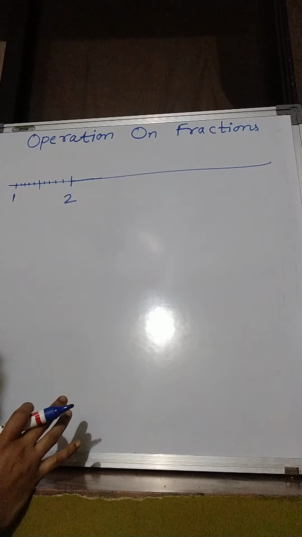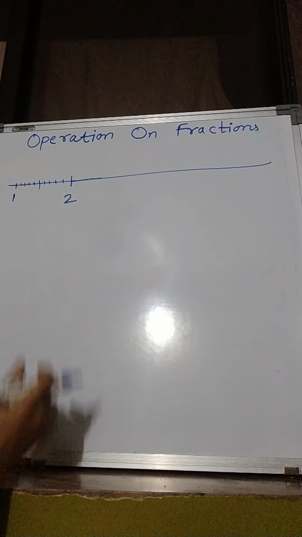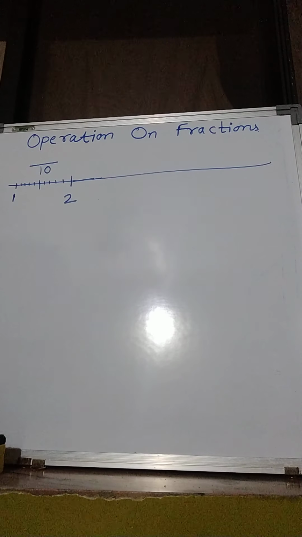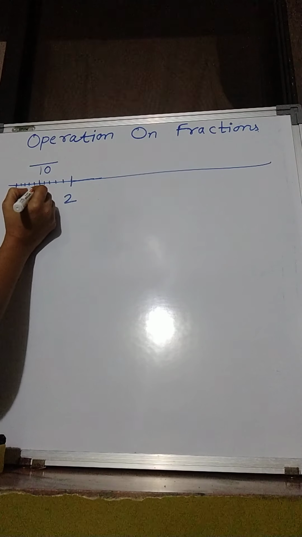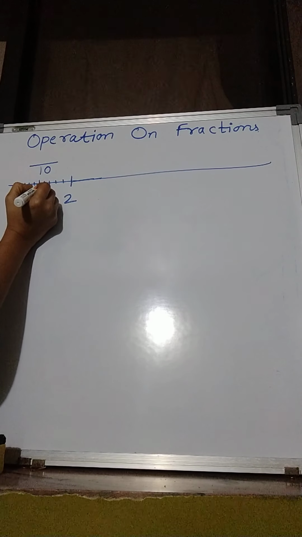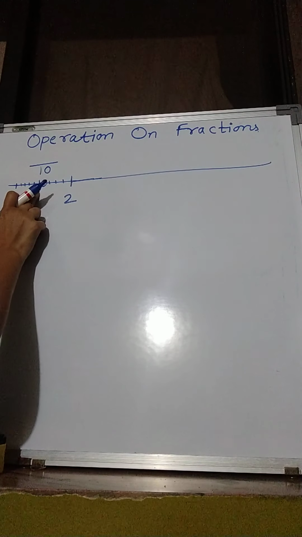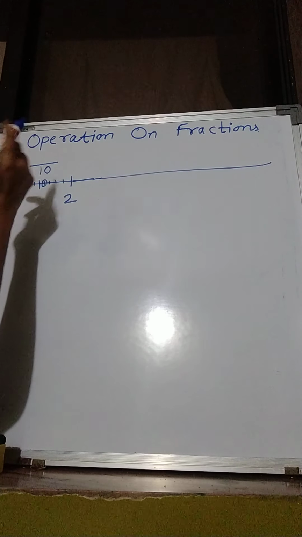The dividing part we are writing as our denominator, right? So whenever we are writing, suppose I am indicating this part, it is coming after the 5th line.